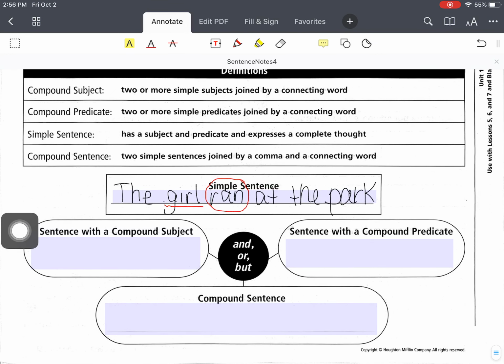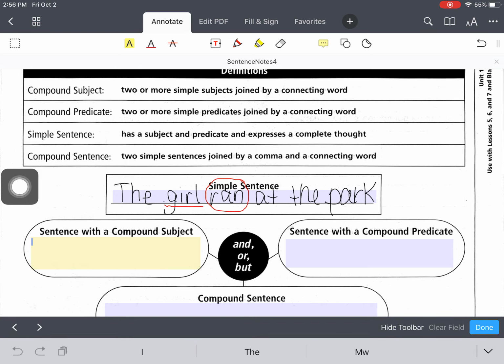Now coming down here, we have sentence with a compound subject. And remember, that's going to be 2 or more simple subjects, and they're going to be joined using a connecting word. And they have a couple of the conjunctions, but I'm going to give you all of them in a little bit. So we have and, or, but as conjunctions we can use. So I will give you one, and I'm actually going to use the markup tool.